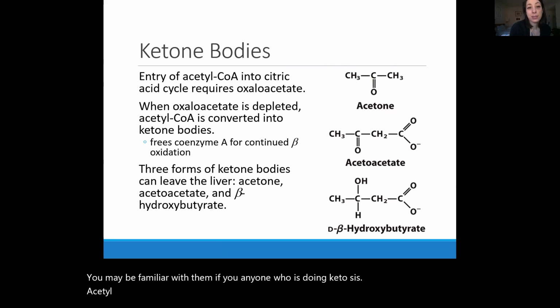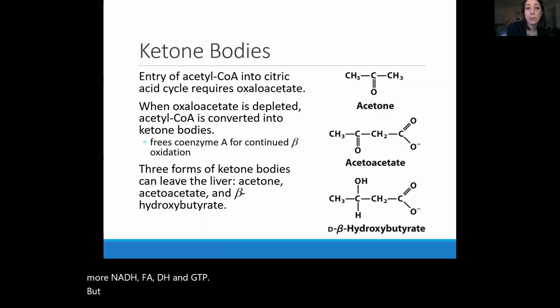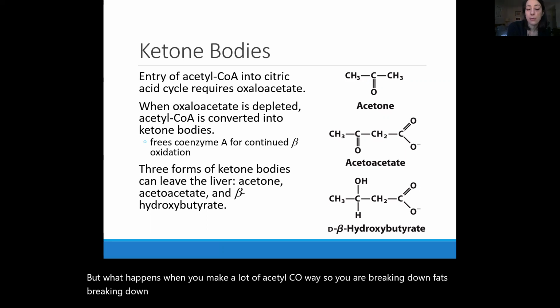So acetyl-CoA, when it enters into the citric acid cycle, requires oxaloacetate, right? We're going to take acetyl-CoA, condense it with oxaloacetate, and then it can be further broken down to make more NADH, FADH2, and GTP. But what happens when you make a lot of acetyl-CoA? So you are breaking down fats, breaking down lipids, but you don't have oxaloacetate if it's depleted.